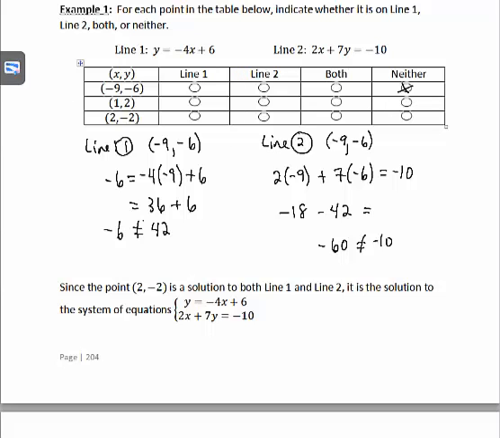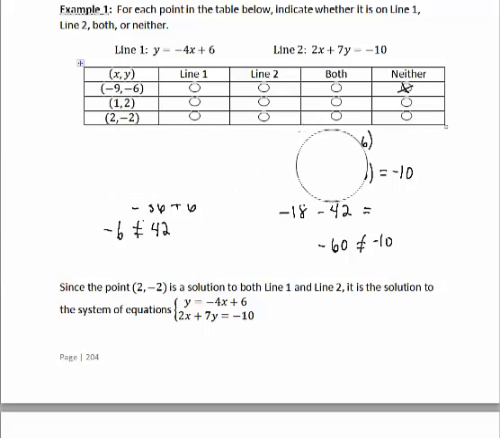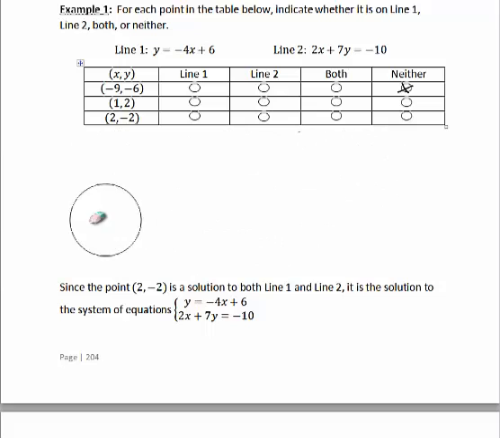Alright, so we have a little more work to do. We have to repeat that same procedure with a new ordered pair, 1, 2. 2 is our y coordinate, and line 1 has the y on the left side of the equal sign, so we write 2 equals minus 4 times 1. 1 is our x coordinate, and we have a negative 4 times x on the right side, and we add 6 to that.